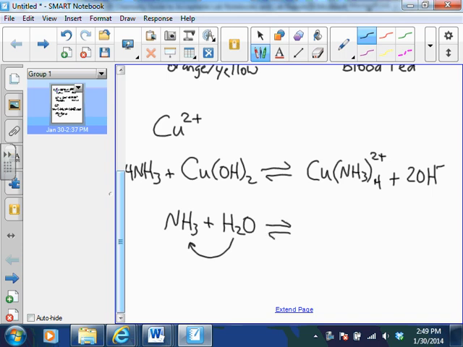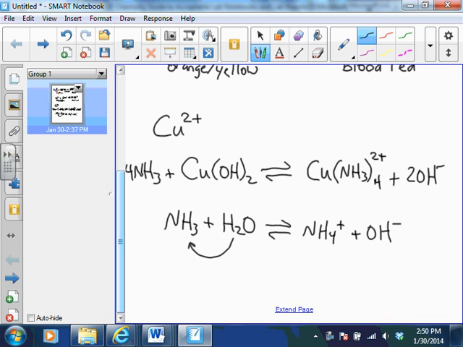Okay, so you've got another equilibrium going on here to form NH4 plus and OH minus. So what you've got going on here basically is that NH3 is helping to form OH minus at the beginning of this thing. Okay, so you've got this thing in some sort of equilibrium.